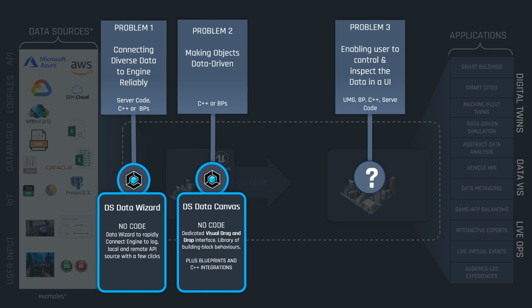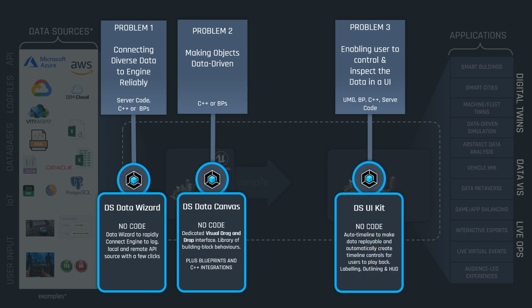You don't even have to go into the blueprint if you're uncomfortable with that. For the problem of creating a user interface, Datasculpt provides a UI toolkit. This creates UI elements such as timelines and labels and ways to visualize and play with the data. And this is all baseline. You can obviously hop into the blueprint and edit and customize anything from there. Just gets you going.